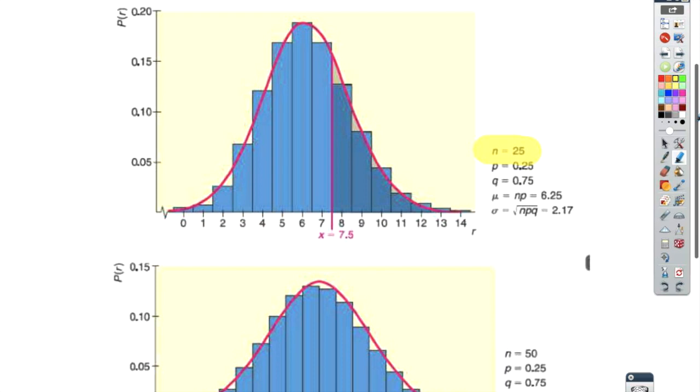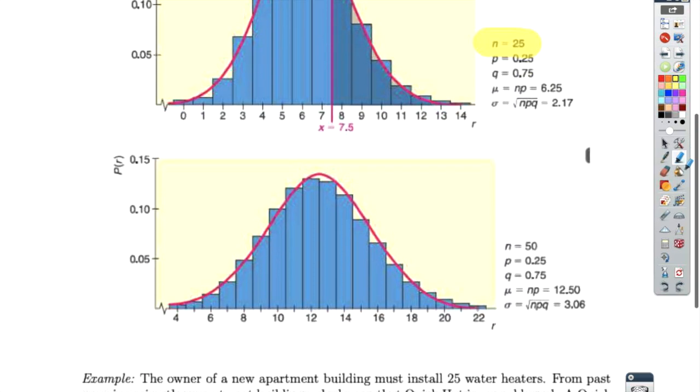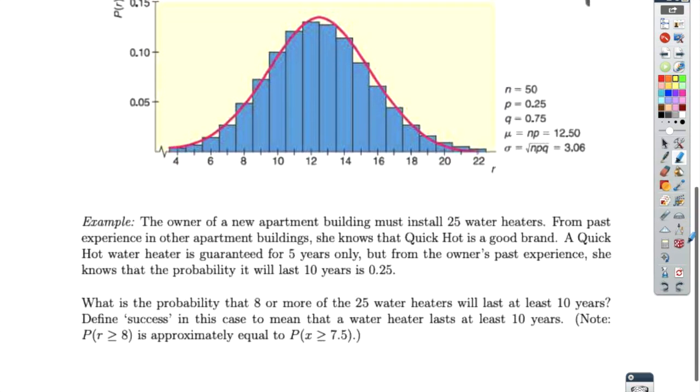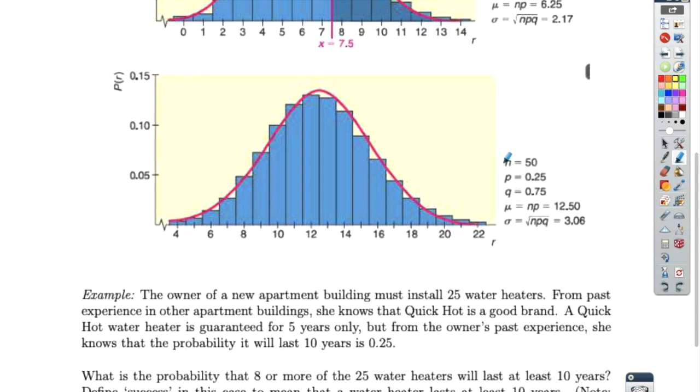And then last graph on here, n equals 50. And that also looks like it's really trending toward a normal shape.